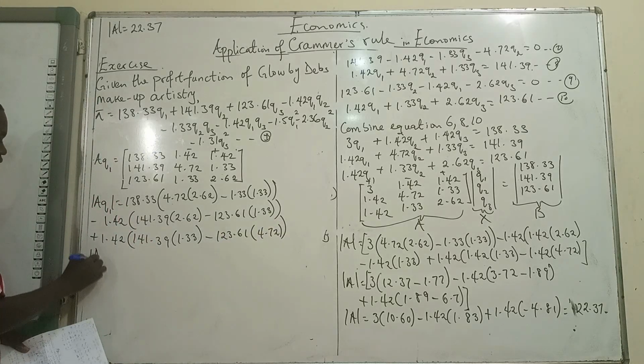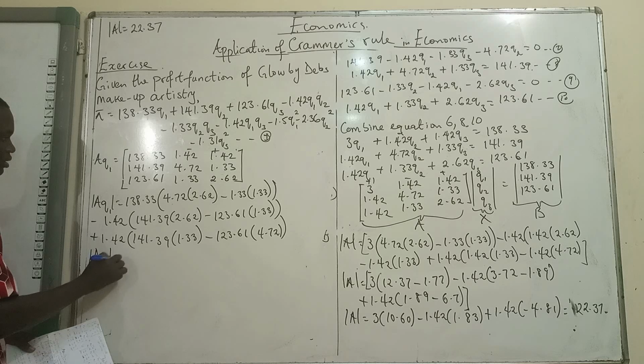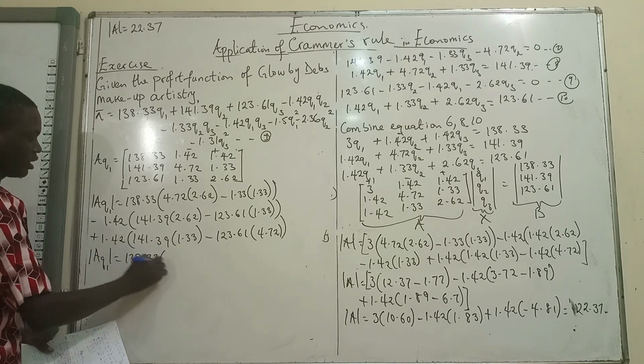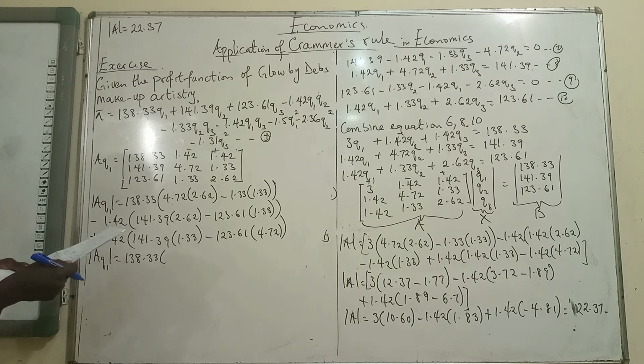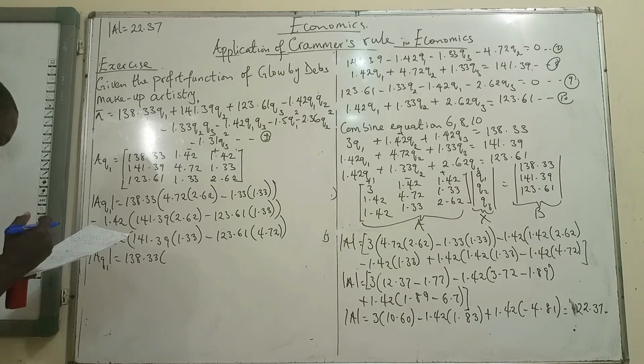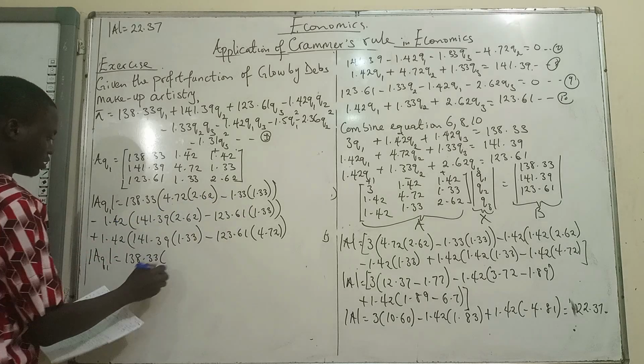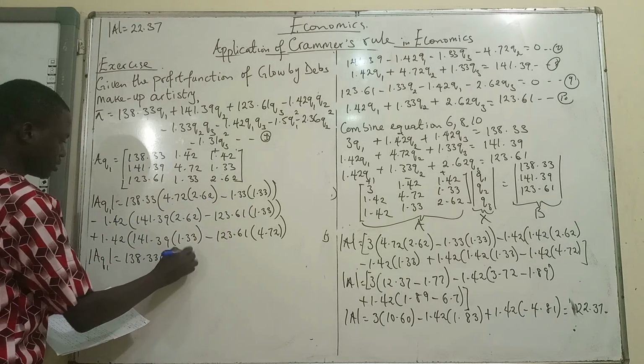So AQ1 is then 138.33 into bracket 10.60. So this minus this is going to give us 10.60.